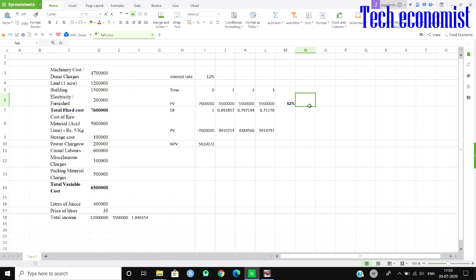It is nothing but the future value divided by 1 plus r, where r is our interest rate, raised to the power of the year.